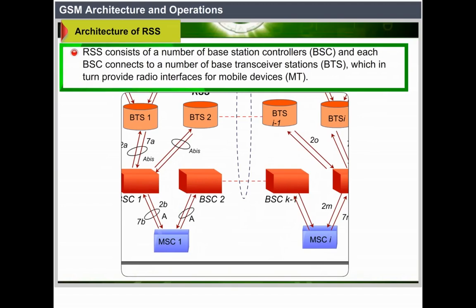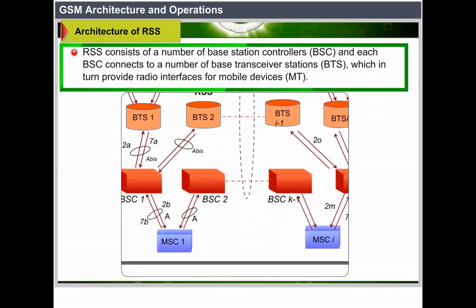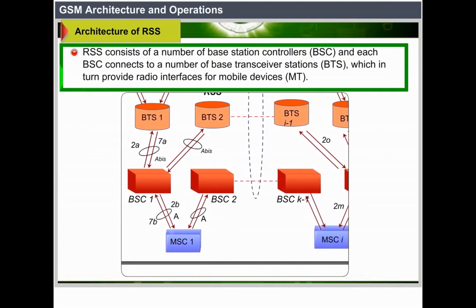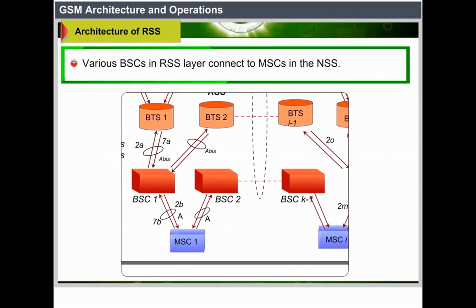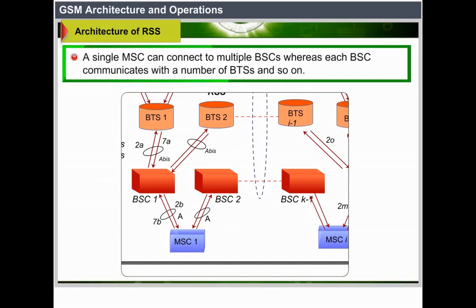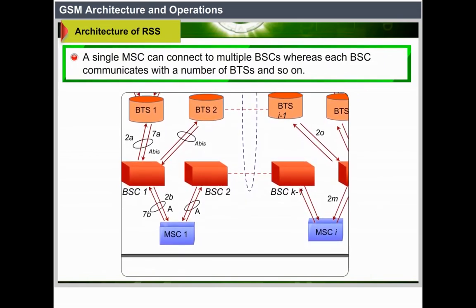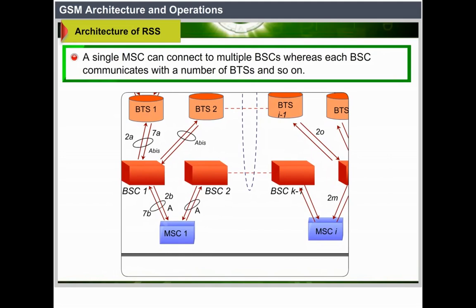Architecture of RSS. RSS consists of a number of base station controllers BSC, and each BSC connects to a number of base transceiver stations BTS, which in turn provide radio interfaces for mobile devices MS. Various BSCs in the RSS layer connect to MSCs in the NSS. A single MSC can connect to multiple BSCs. Each BSC communicates with a number of BTSs and so on.